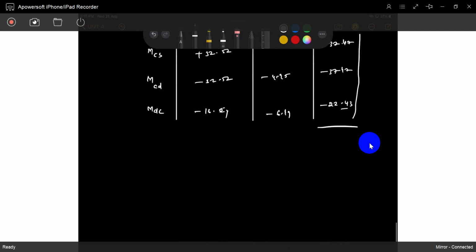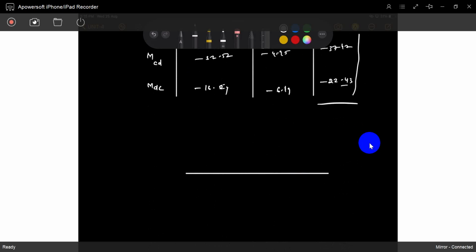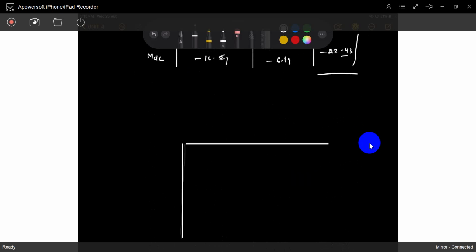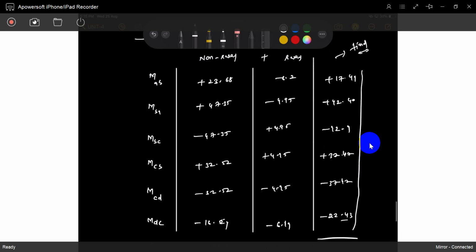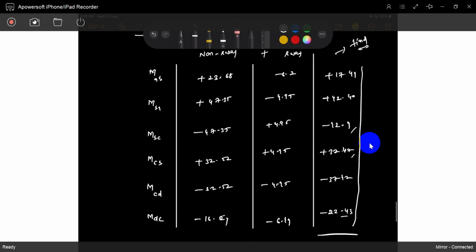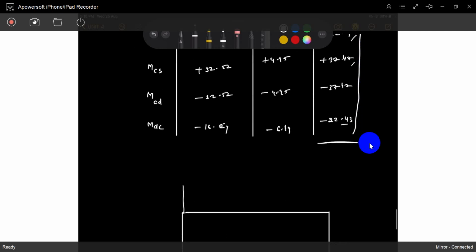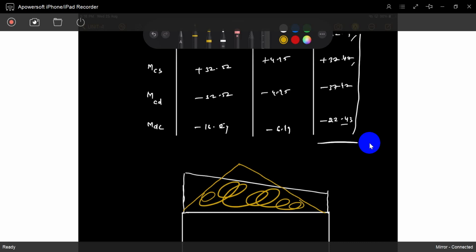So now you can draw the bending moment diagram, and the shear force diagram also. Just take it for this purpose. What is that value? 42, so 37. And also a point load is there. Negative, positive, negative.